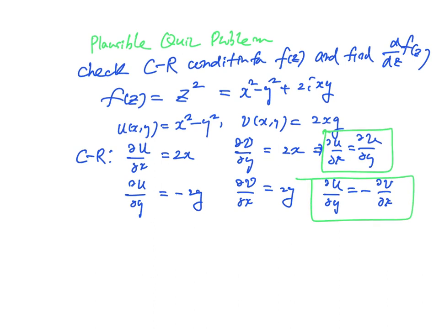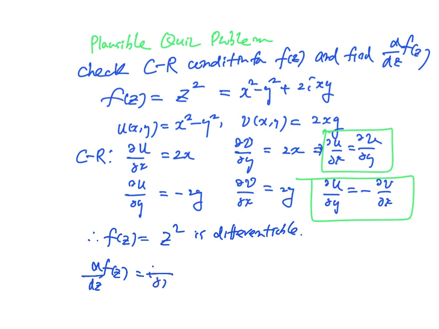If we go back to the definition, one thing is it's differentiable, right? Differentiable. But the goal is to find the derivative. So df/dz is partial x partial u plus i partial x partial v. I mean, you have to follow.